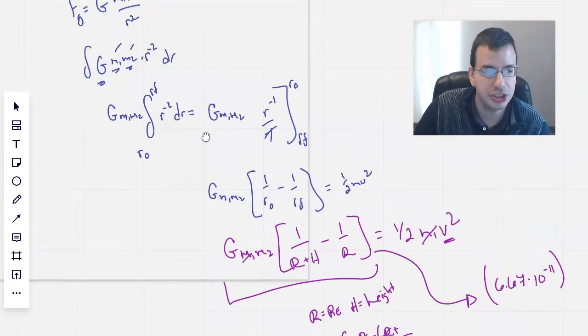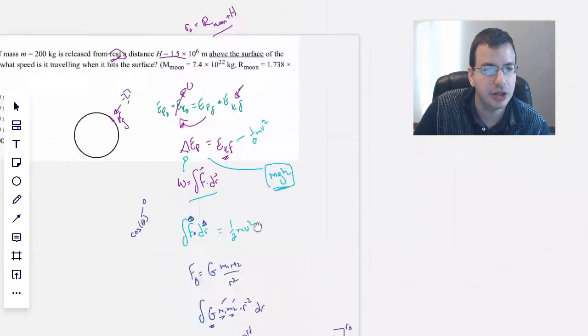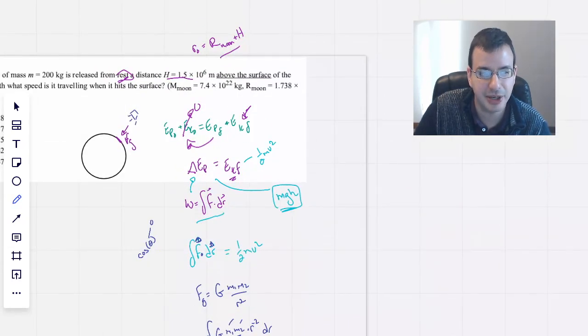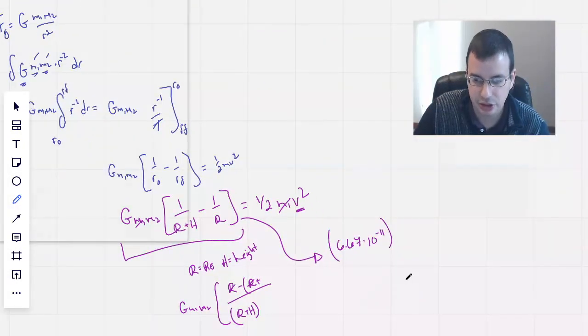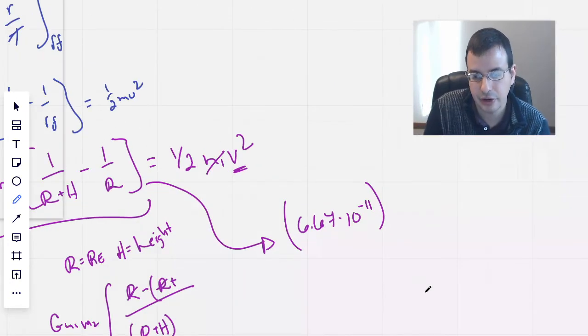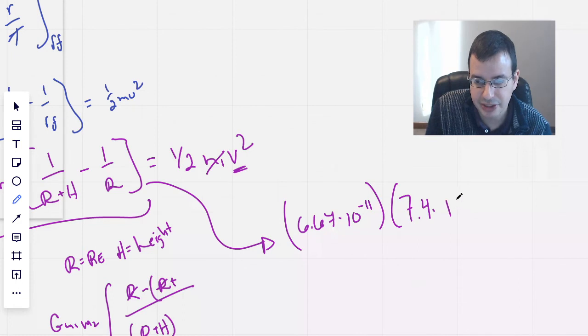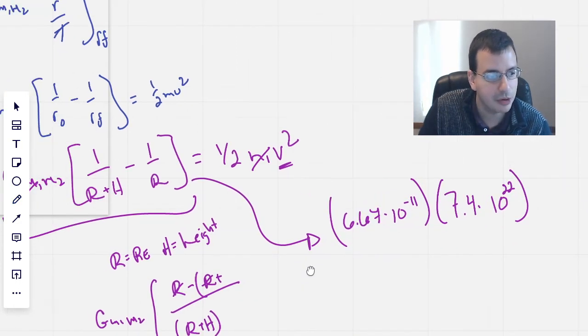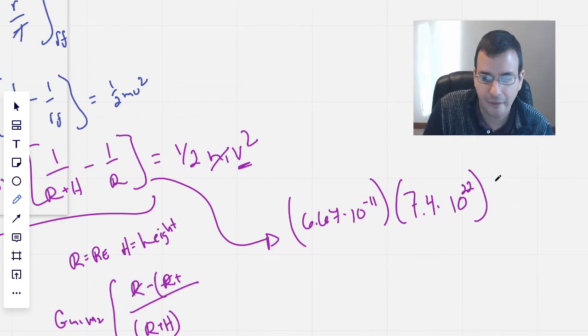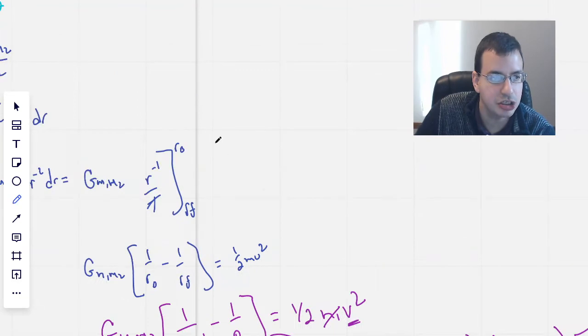Mass 2, which is the mass of the moon, I think they gave it to us here, is 7.4 times 10 to the 22nd. And then we'll multiply this by 1 over, and then we have r plus h.